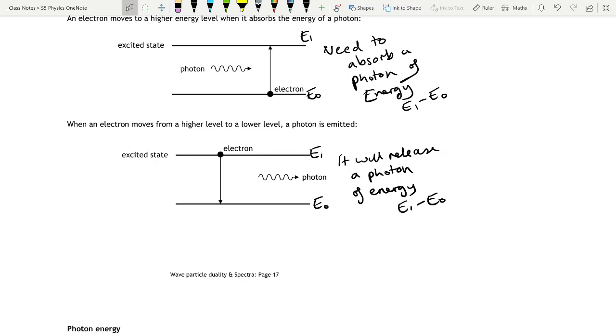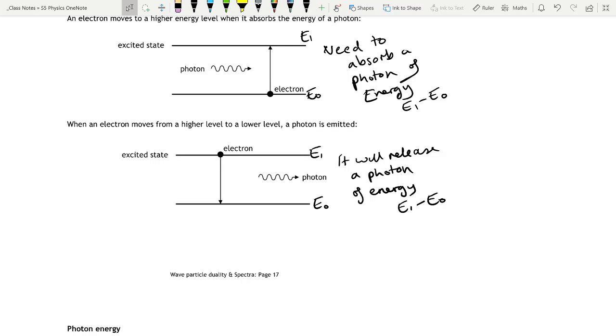Whereas when the electrons drop back down again and photons are emitted, that's your line emission spectrum. Those lines correspond to those photons being spat back out because they don't need that energy anymore. So that's the physics behind the spectra.